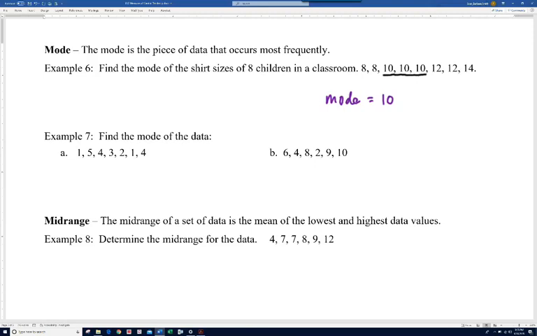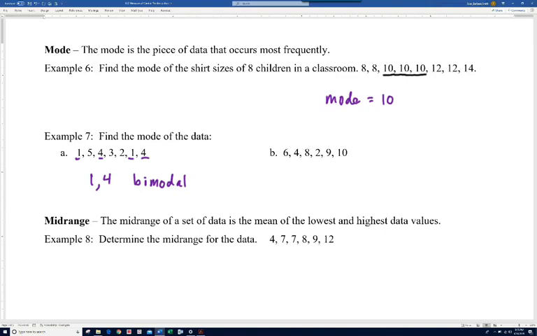All right, so on number 7, notice you have 2 1s, and there's also 2 4s. And so really we have 2 modes, 1 and 4, and this is what we call bimodal. It's even possible to be trimodal, but most often you'll see a set of data be bimodal.